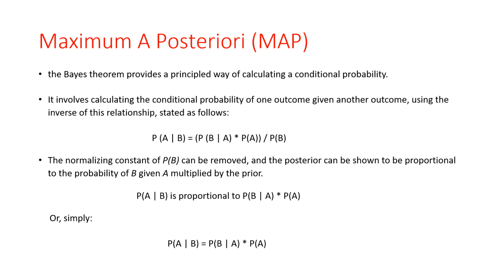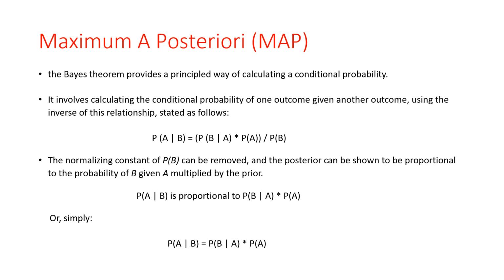The quantity that we are calculating is typically referred to as the posterior probability, P(A|B), and P(A) is referred to as the prior probability of A. The normalizing constant P(B) can be removed, and the posterior can be shown to be proportional to the probability of B given A multiplied by the prior.